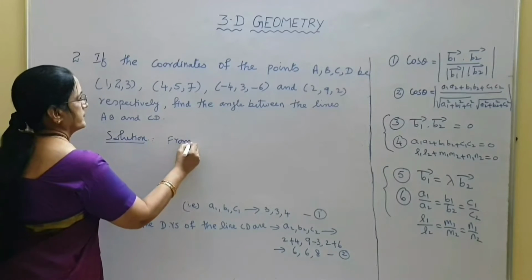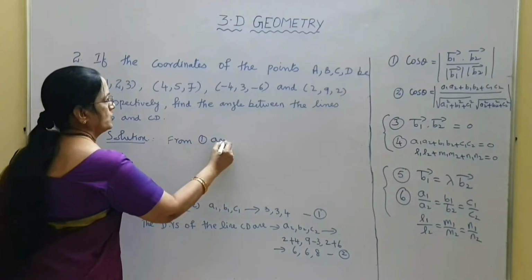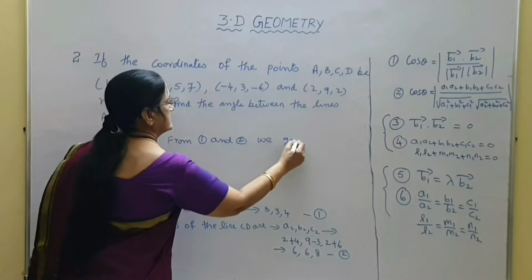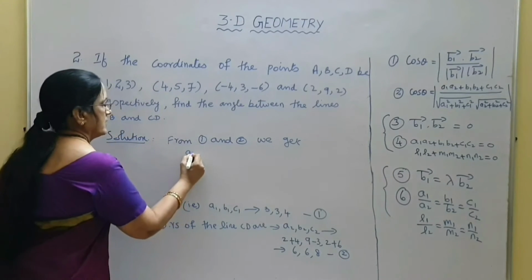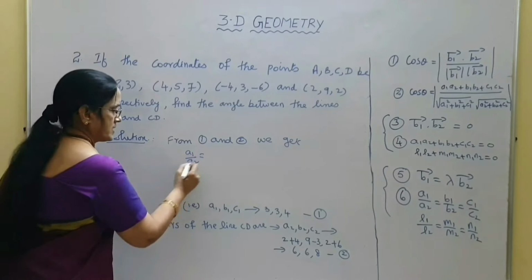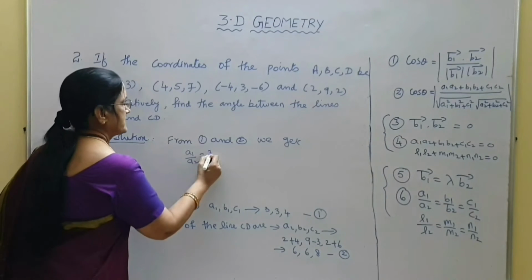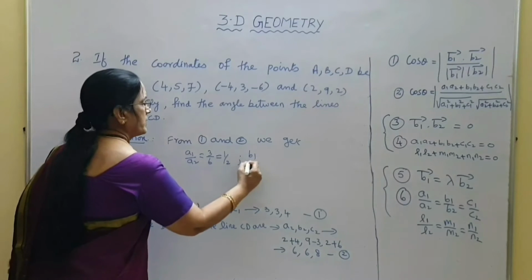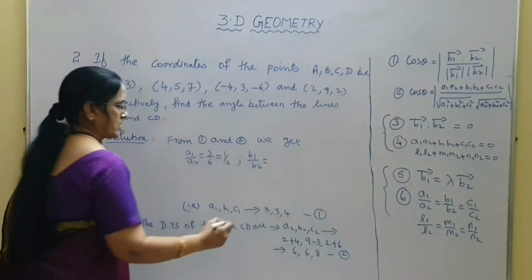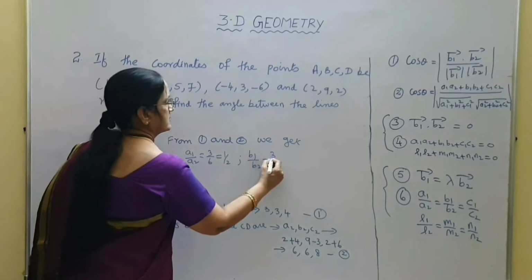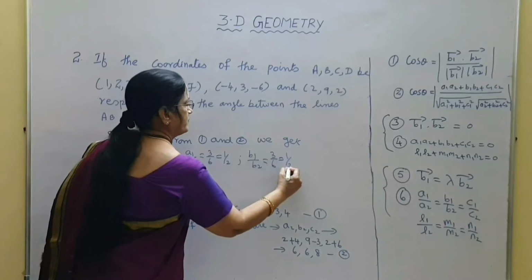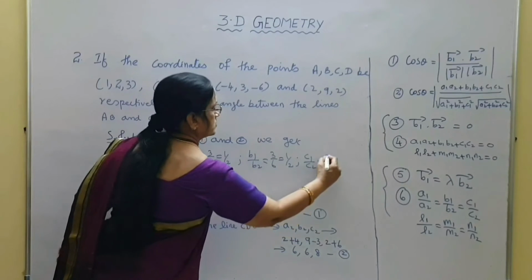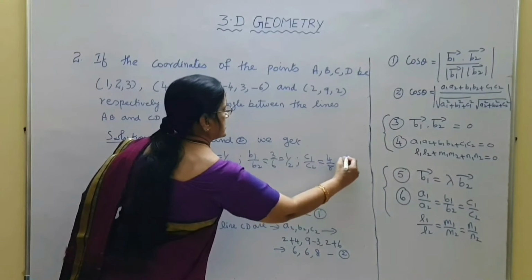From 1 and 2, we get A1 by A2 is equal to 3 by 6, which is equal to half. B1 by B2 is equal to 3 by 6, which is equal to half. C1 by C2, which is equal to 4 by 8, which is half.